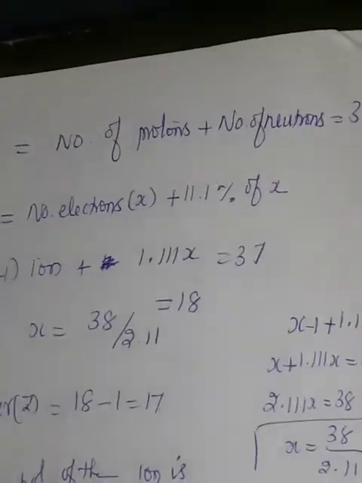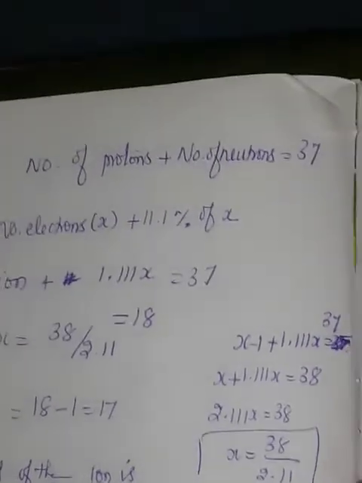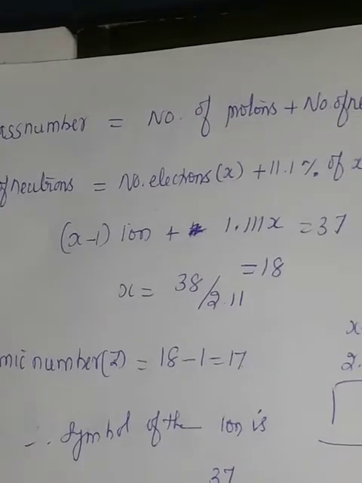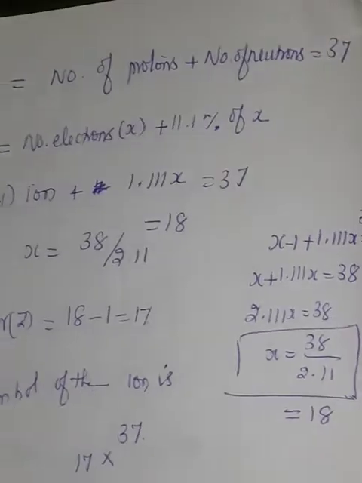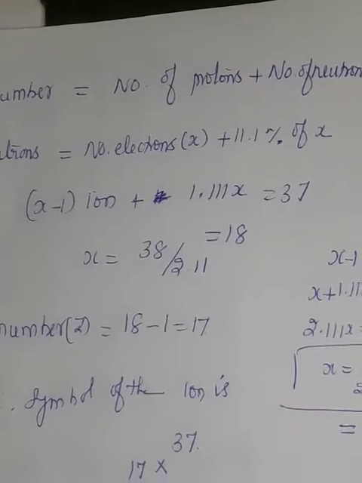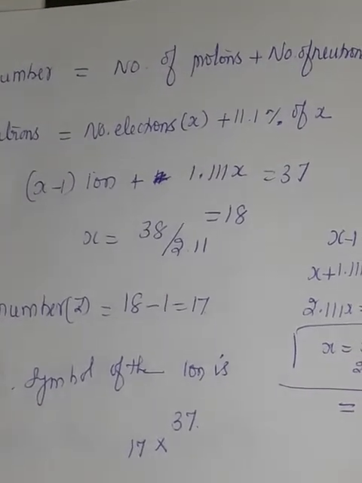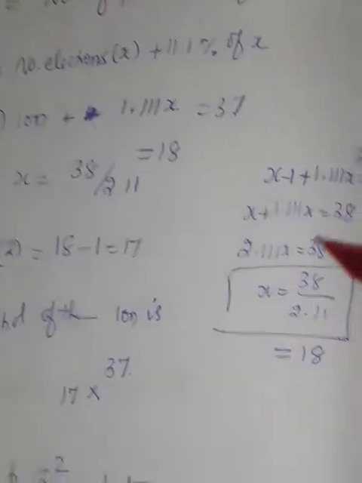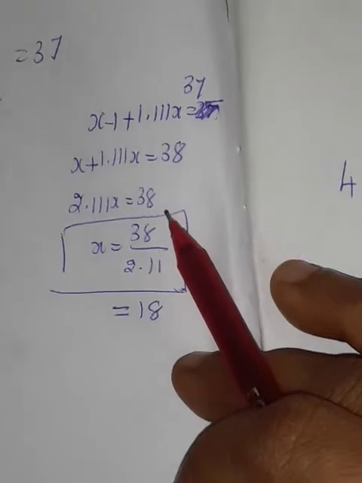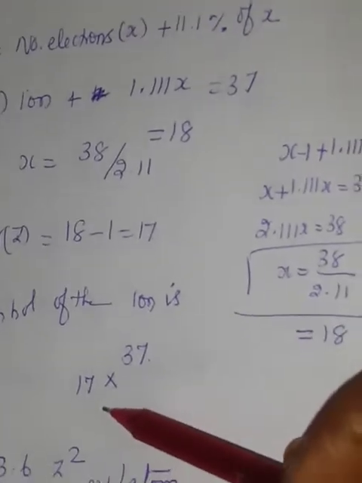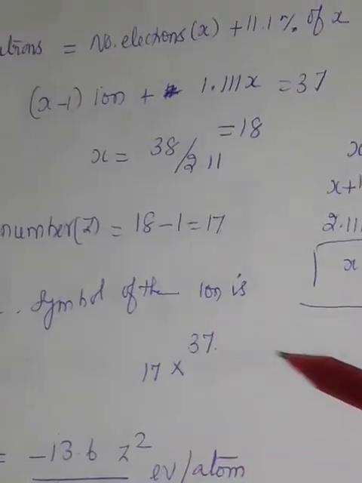Mass number is equal to number of protons plus number of neutrons, 37. Number of neutrons is x plus 11.1% of x. So (x minus 1) plus 1.111x is equal to 37. Then substituting, I am getting the symbol 17x37.